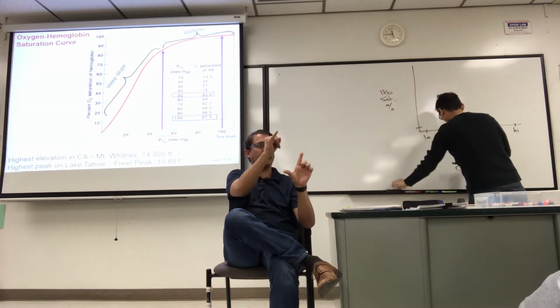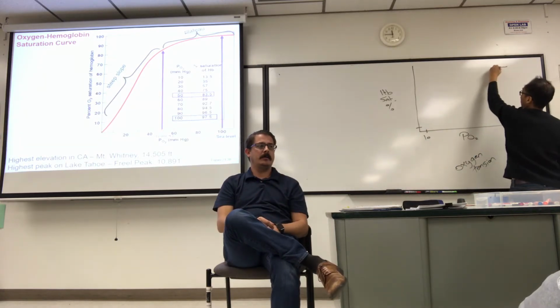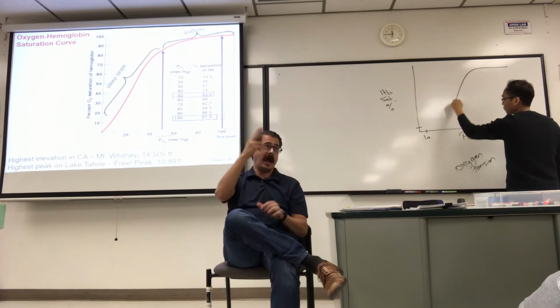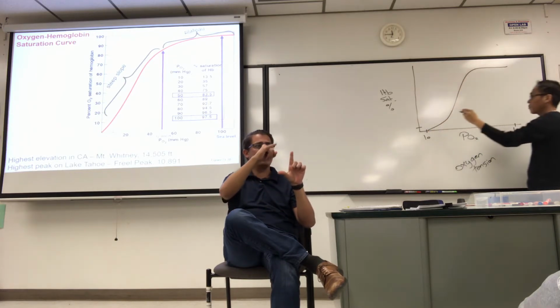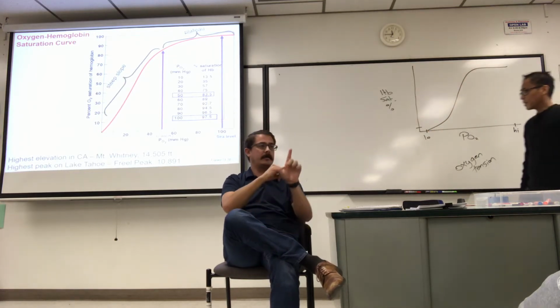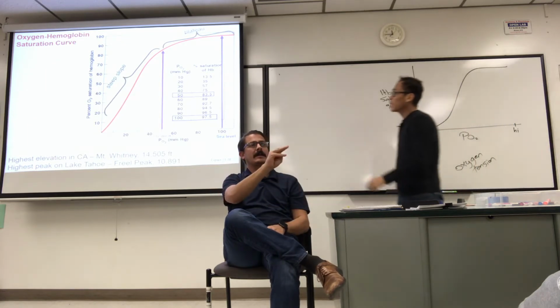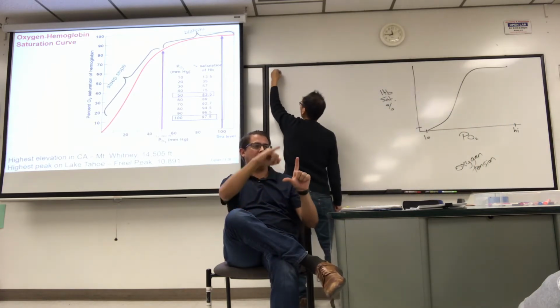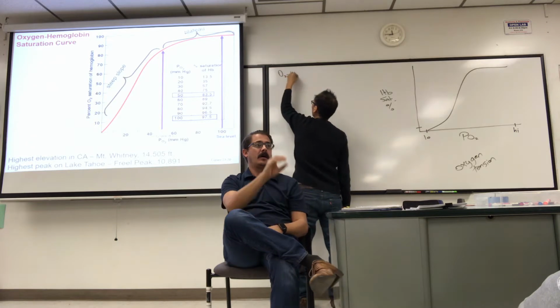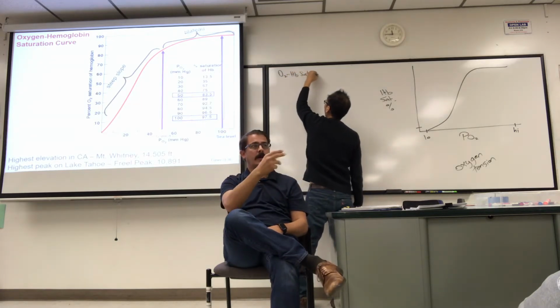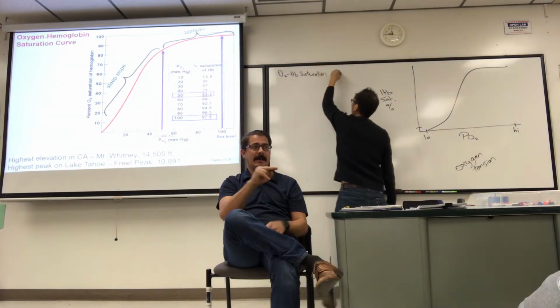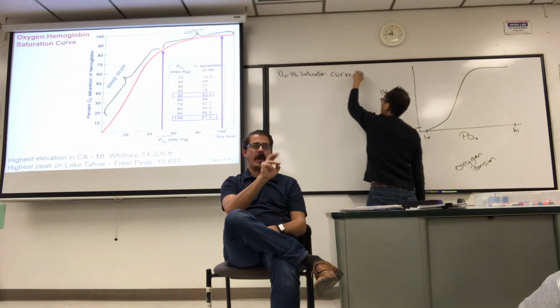When it's high, it kind of stays high, and then it drops off real quick, and then kind of like that. It's a sigmoid shaped curve. The oxygen, O2, hemoglobin saturation curve is sigmoid shape.